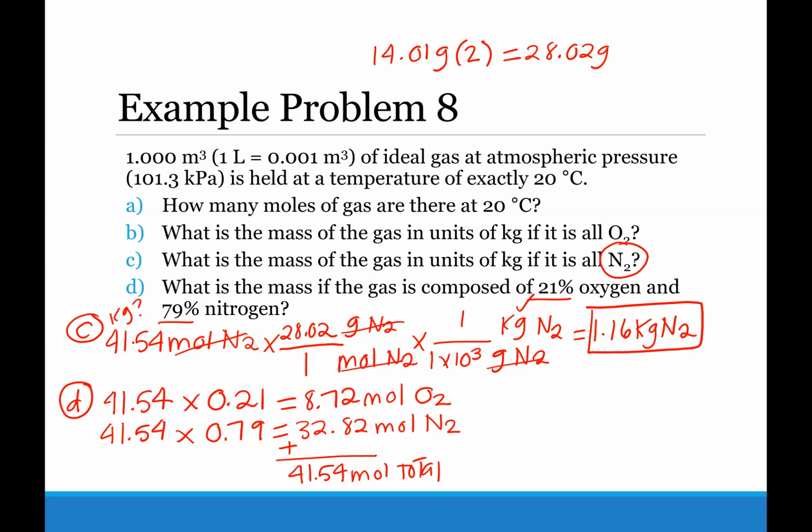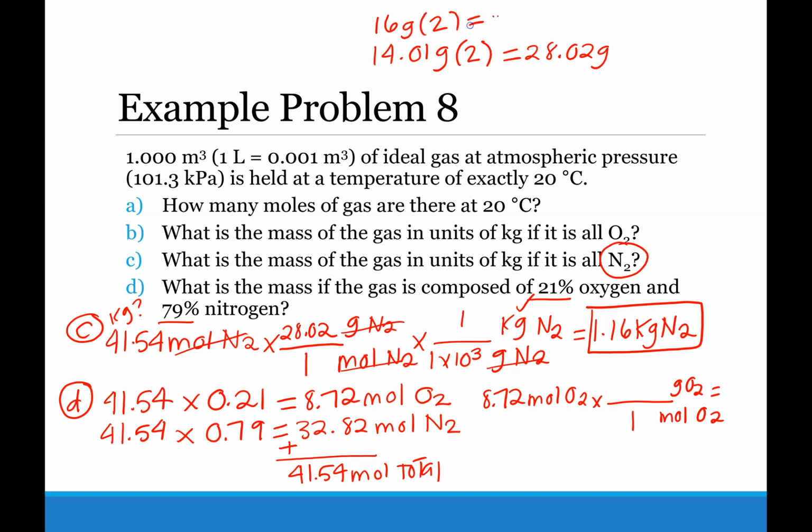So they want to know the mass. They did not say kilograms, so we're going to go with grams. So 8.72 moles of O2. Moles of O2 goes on the bottom. Grams of O2 goes on top. So in 1 mole, we've already decided that there were 16 grams of 1 oxygen and there were 2 atoms.